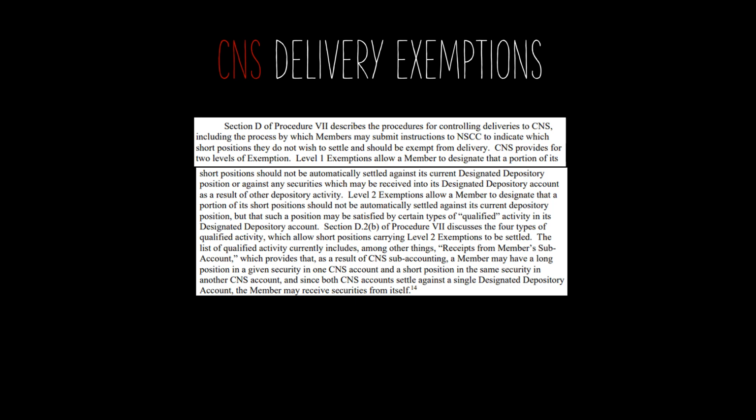The list of qualified activity currently includes, among other things, receipts from members' subaccount, which provides that as a result of CNS subaccounting, a member may have a long position in a given security in one CNS account and a short position in the same security in another CNS account, and since both CNS accounts settle against a single depository account, the member may receive securities from itself. So there you go. A lot of this stuff is legal, but they have the option. Again, there is such a thing called operational shorting.